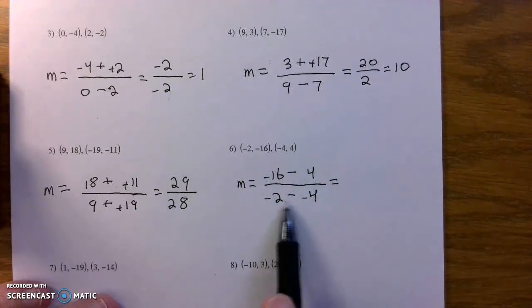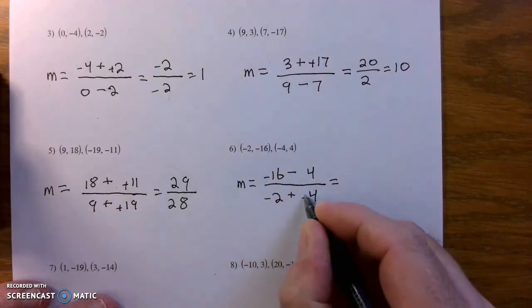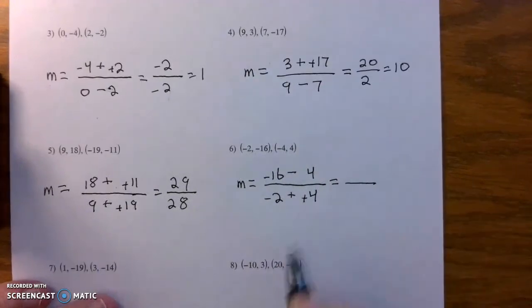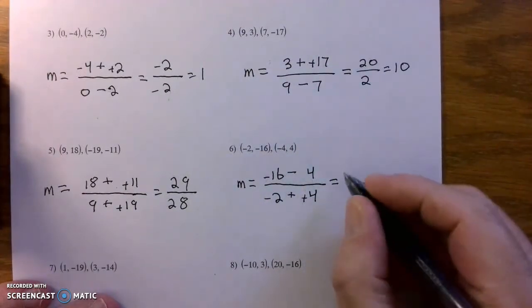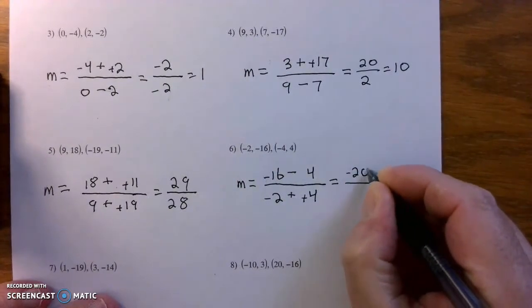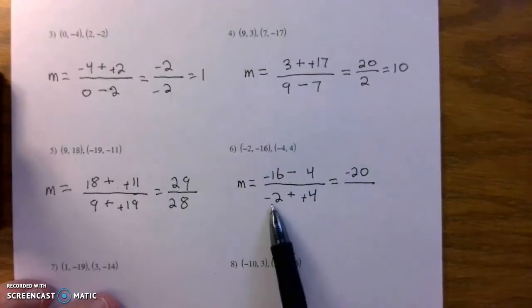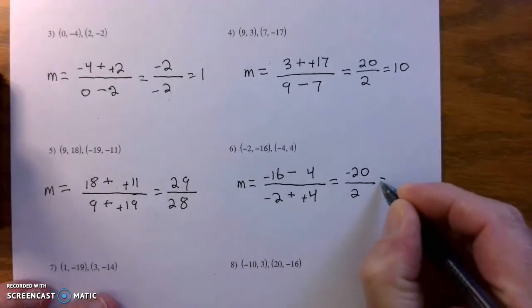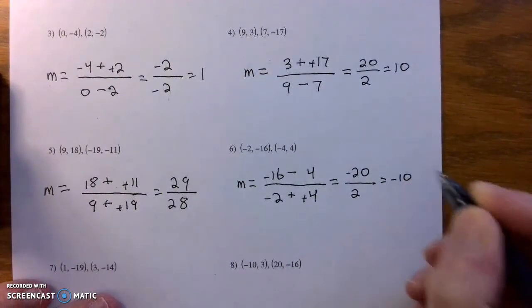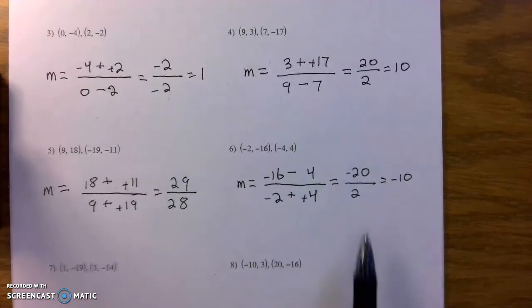I see minus, minus right there, so I can make them both into a plus. Negative 16 minus 4 more is negative 20. Negative 2 plus 4 is 2. I got negative 10.